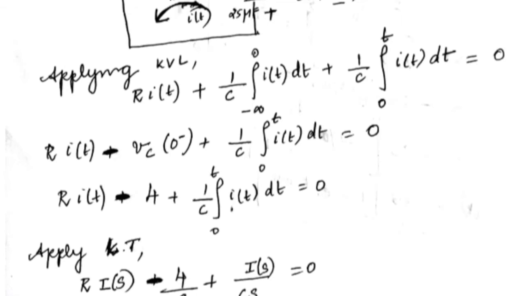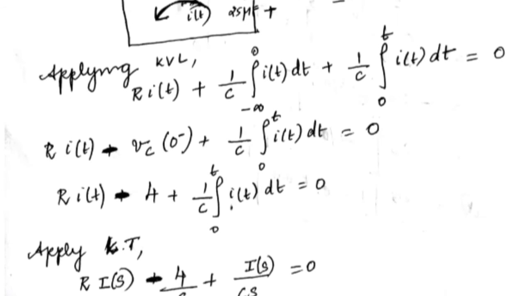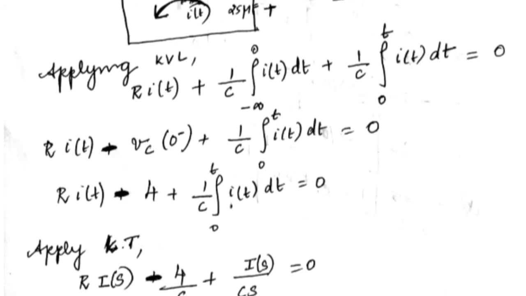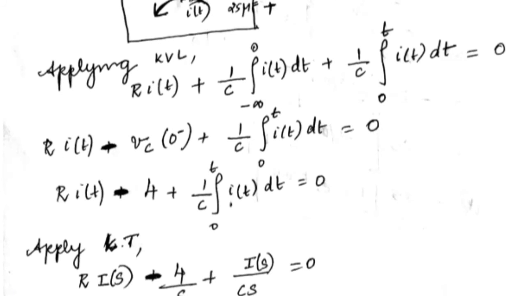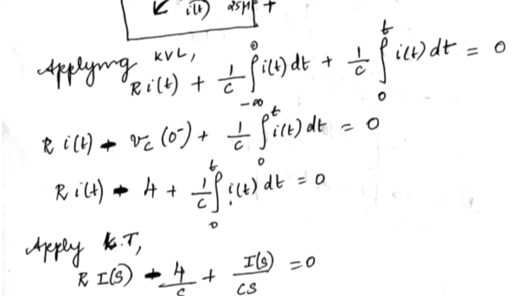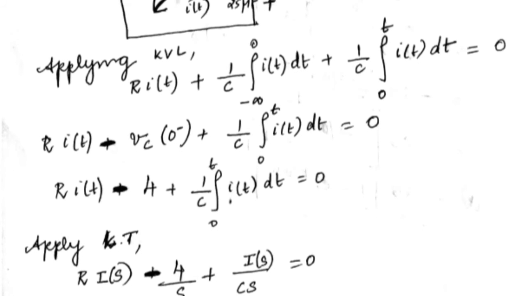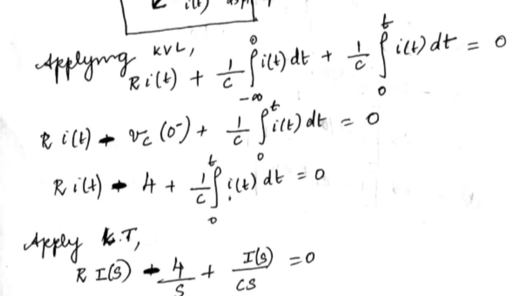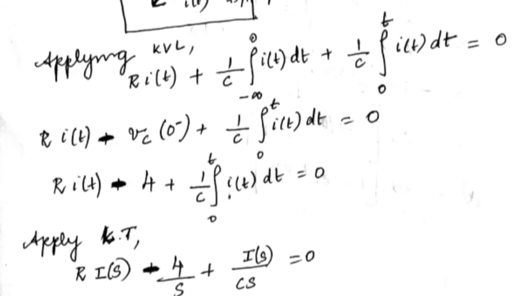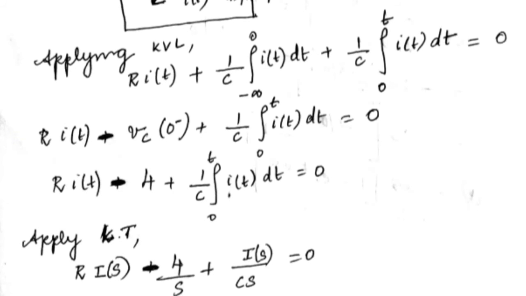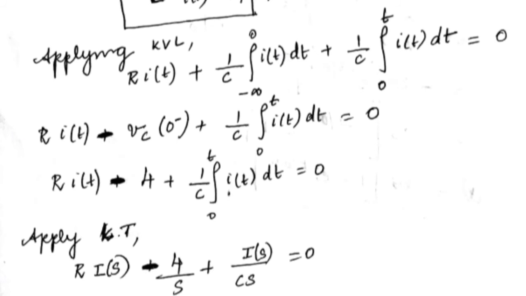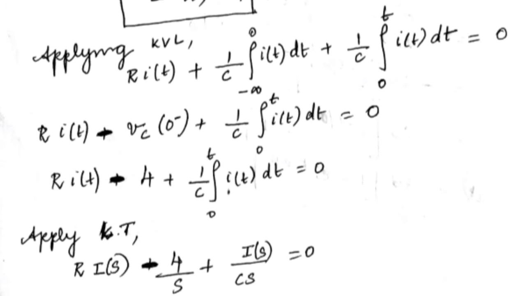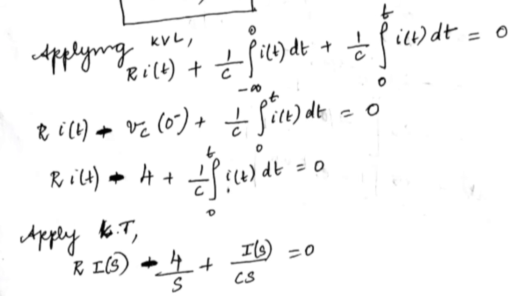Now we apply the Laplace transform. The Laplace transform of i of t is I of s, the Laplace transform of any constant is 1 by s, and the Laplace transform of the integration is I of s by s. Applying it to this equation, we get R I of s minus 4 by s plus I of s by Cs is equal to 0.